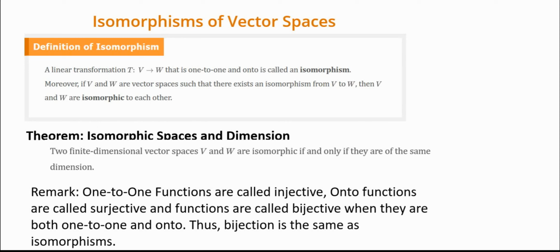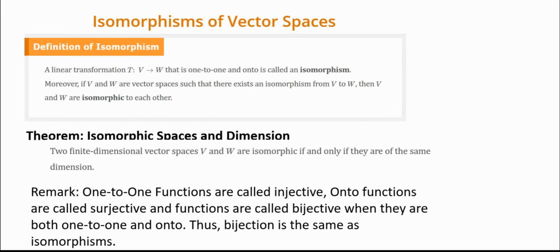Pretty cool. Iso from Greek meaning the same. Moreover, if V and W are vector spaces such that there exists an isomorphism from V to W, then V and W are isomorphic to each other. Okay, they're not saying much of anything, right?